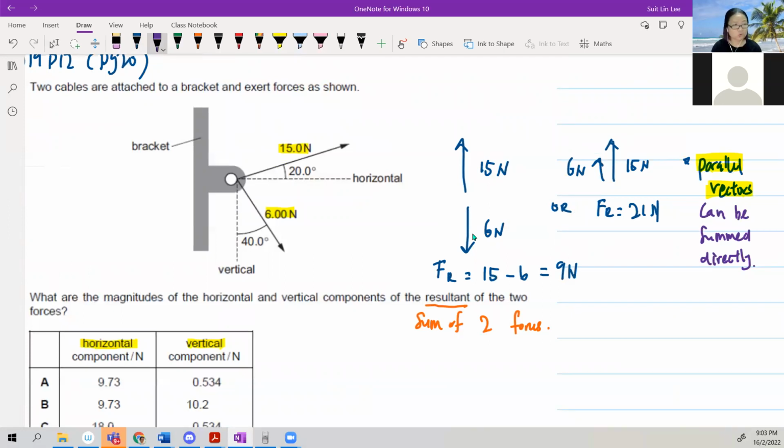But we have a tool to split them into horizontal x and vertical y, which is why we learned how to split them. Okay, so let's check out the 15 Newton first. Let's say I want to split this 15 Newton. It will obviously have a horizontal component here. This one is right beside the angle, so I'm just going to label it here: 15 cos 20.